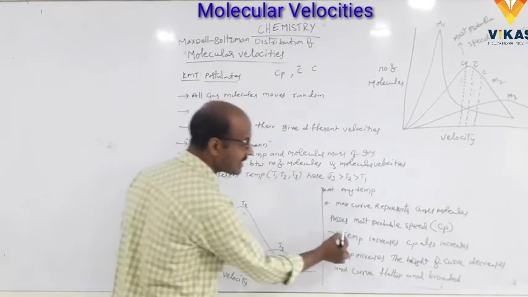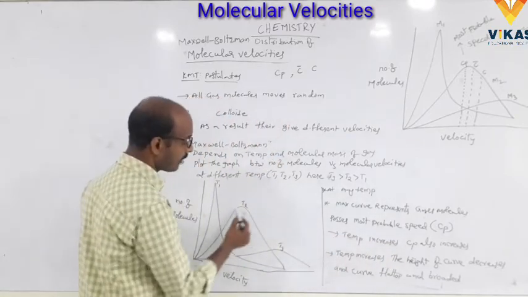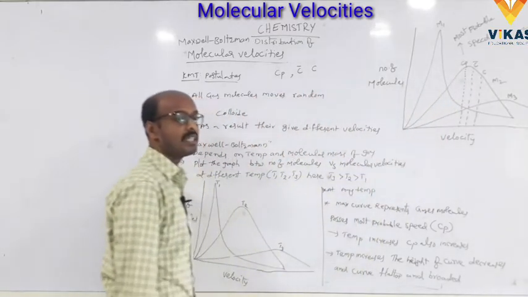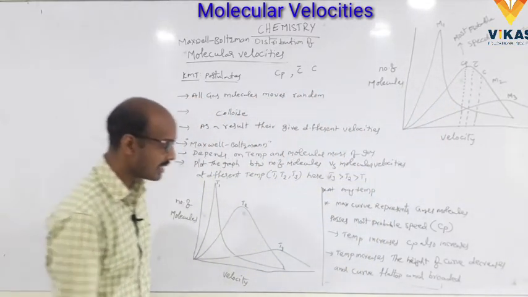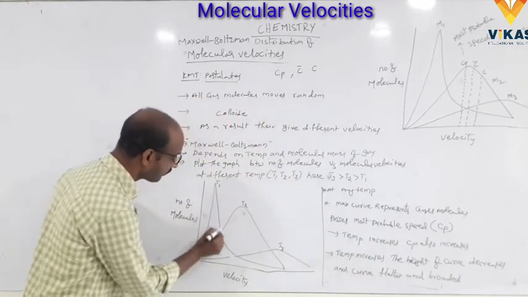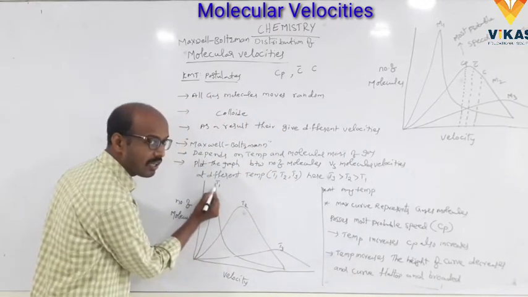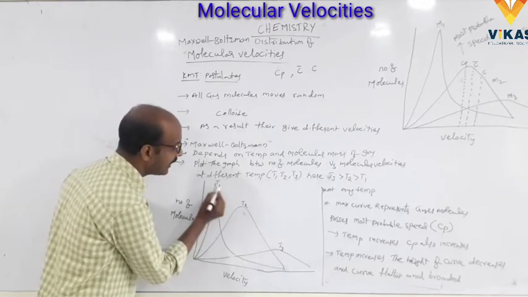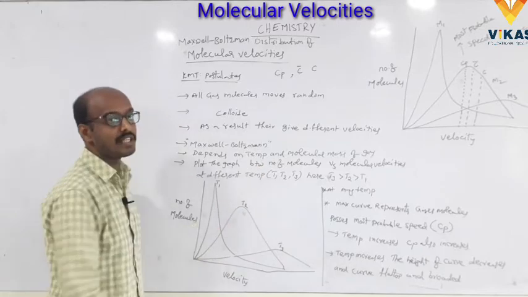As the temperature increases, the most probable speed also increases. Also, the height of the curve decreases. Look at the temperatures: T1 is the lowest, and compared with T1 and T2, T3 is the highest temperature.